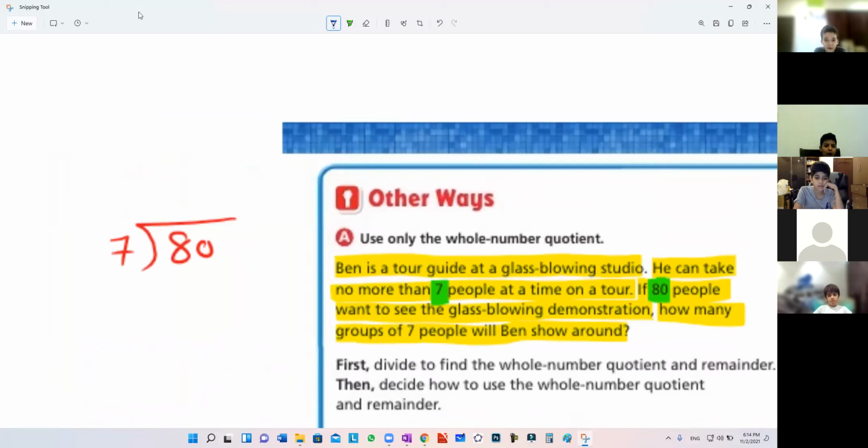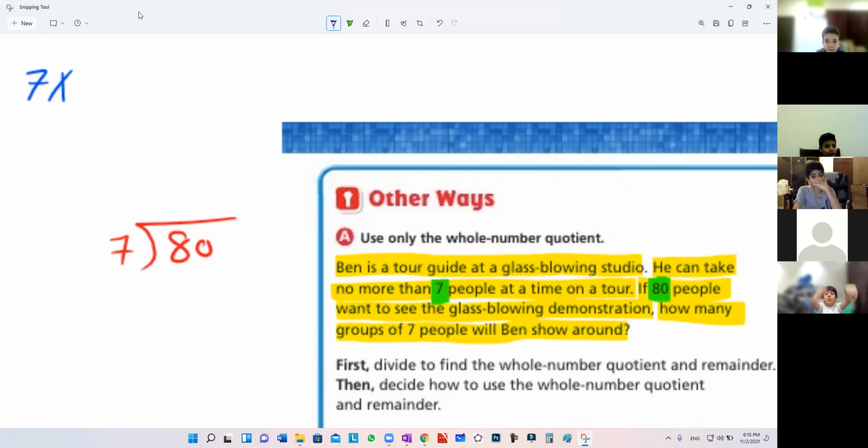What is the closest number to 80 in the multiplication table of 7? 7 multiplied by... Okay, do you need help? 7 multiplied by 11 equals 77. That's the closest number to 80.